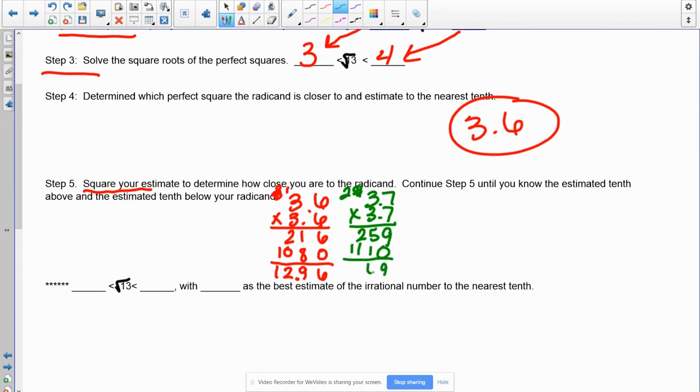Move the decimal over twice, and we get 13.69, or 13 and 69 hundredths.